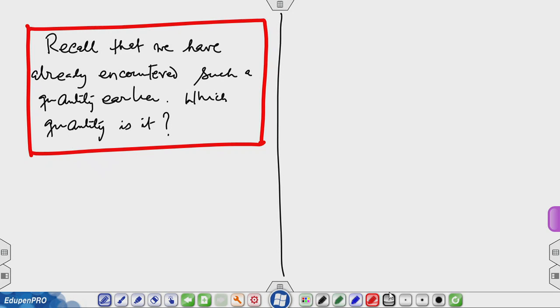Now, let's go back to the central equation where I have dU equals T dS minus P dV.